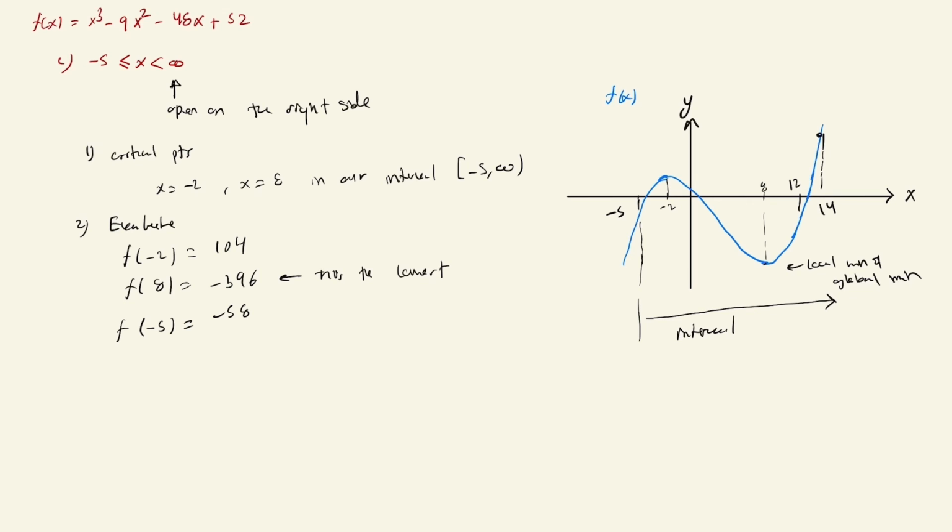But here, as x goes to infinity to the right, the function of x also goes to infinity. So that means the function of x is increasing as x increases. Therefore, we don't have the highest value of the function. Therefore, we don't have a global maximum.